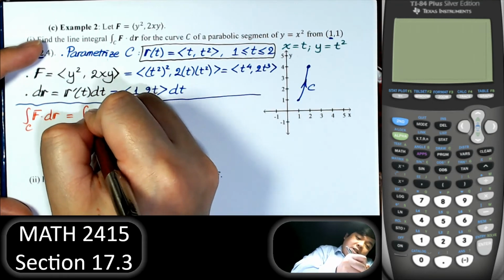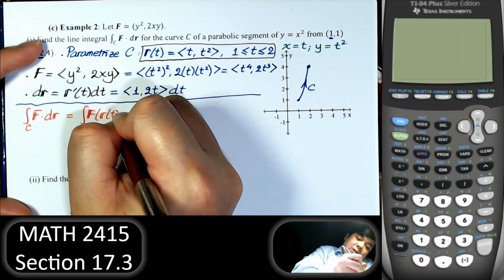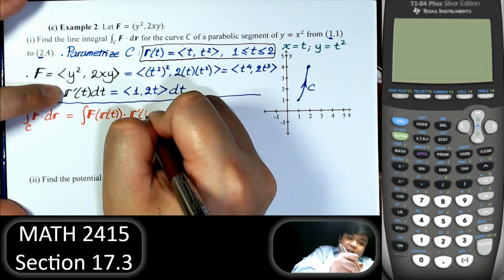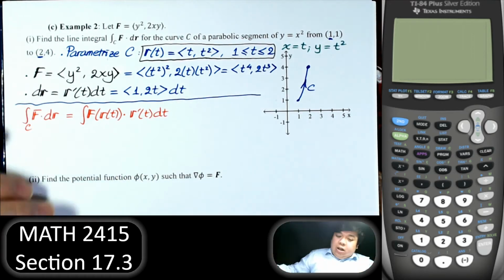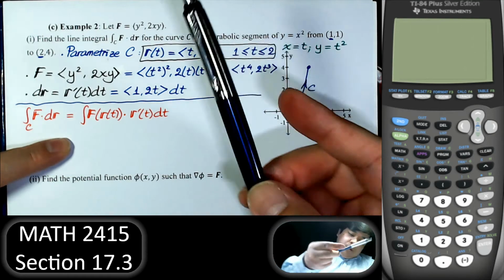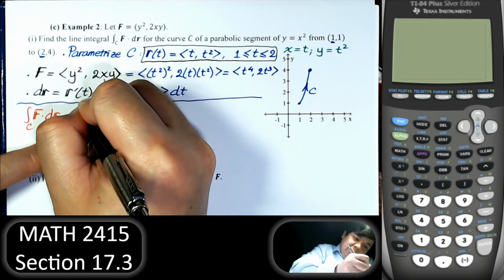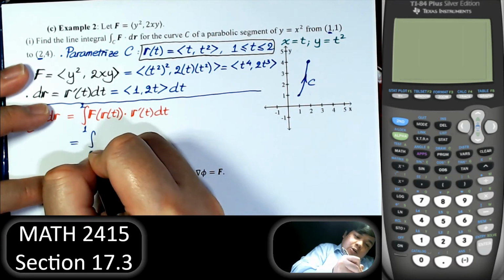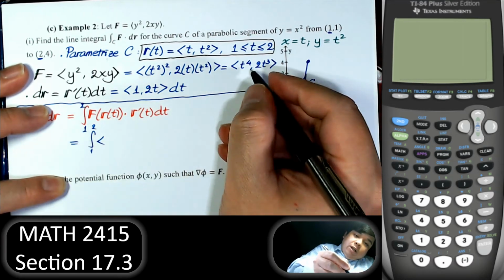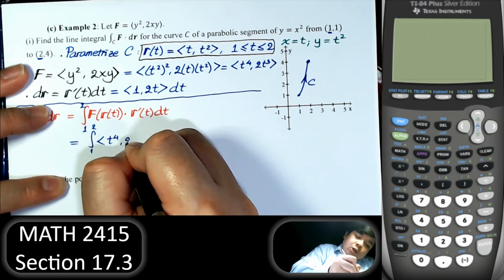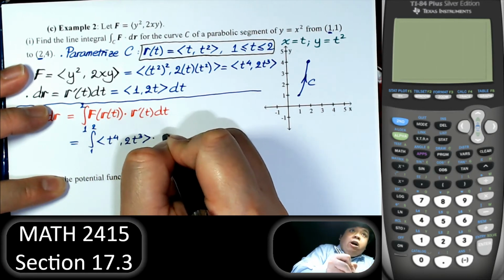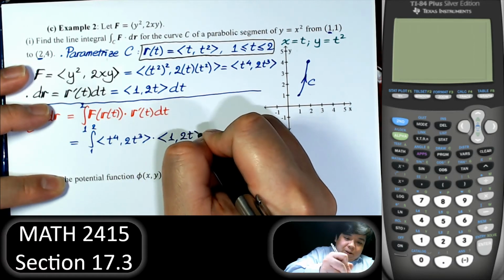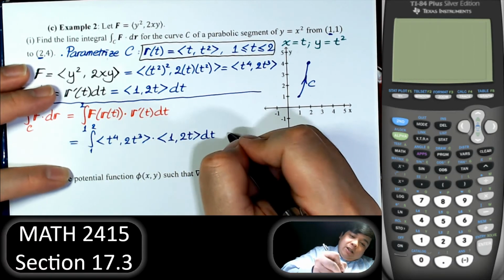We can write F in terms of t, dot that, integral here from 1 to 2. So we have the integral from 1 to 2, t to the 4th, 2t cubed, dotted with 1 and 2t, dt.